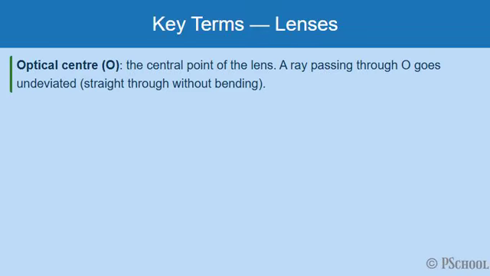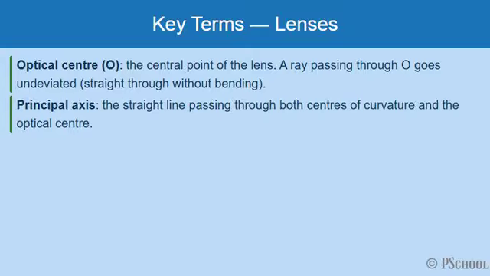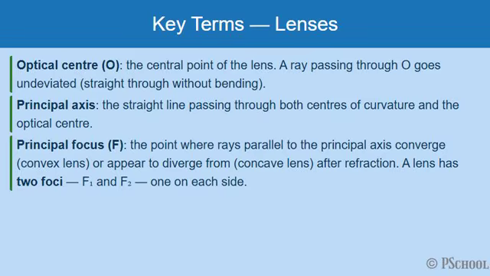The optical center O is the central point of the lens. A ray passing through O passes straight through without any deviation. The principal axis is the straight line passing through the centers of curvature of both surfaces and the optical center. The principal focus F is where parallel rays converge, for a convex lens, or appear to diverge from, for a concave lens, after refraction.